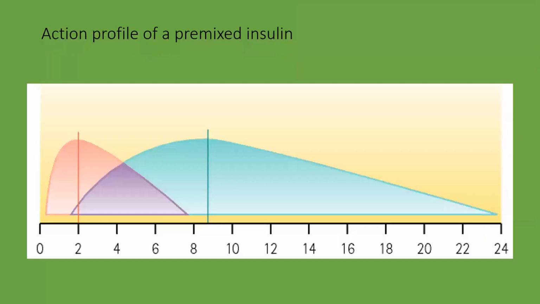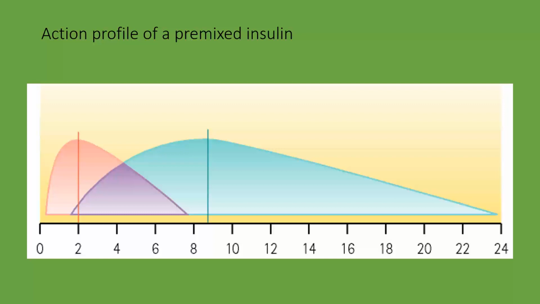So the mixed insulins will act like this. The rapid one will work like this, and the long-acting will work like this. Therefore, you give twice daily. So it doesn't cover your midday meal. So ideally, this patient would be eating a good meal in the morning and a good meal for supper.